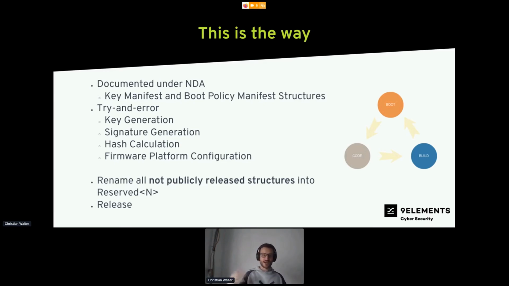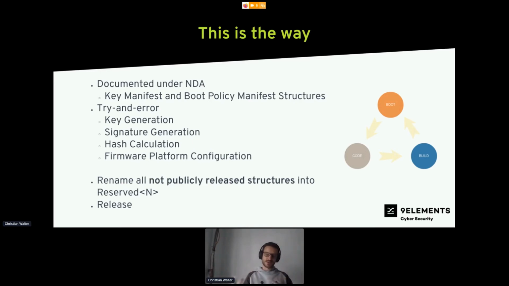So there was a lot of trial and error in what parts of the KM and what parts of the BPM need to be signed in order that the ACM is happy, right? Because basically what you're doing is black box testing. You're testing against a binary coming from Intel to make it happy, right?